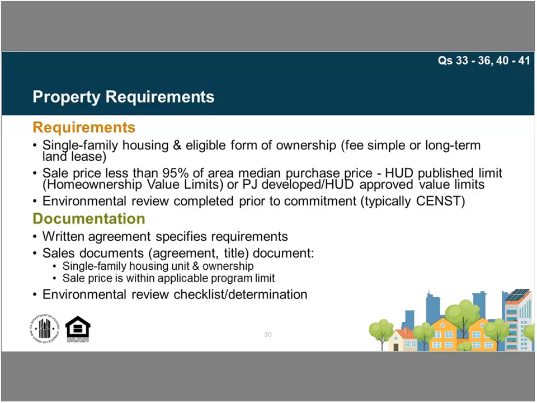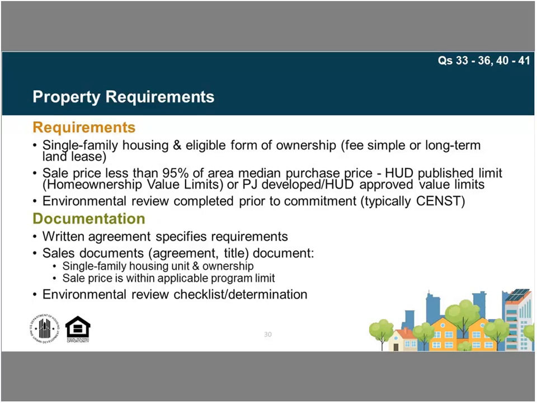The second requirement is a sales price limit. HUD publishes each year what's called the homeownership value limits. And by the way, they just published those, and they just went up on the HUD Exchange website for FY21, and they also are effective on June 1, so you'll want to get those new limits.